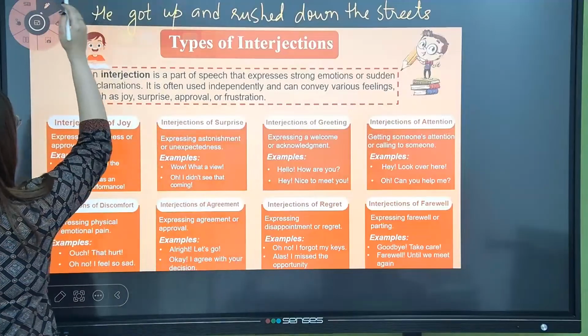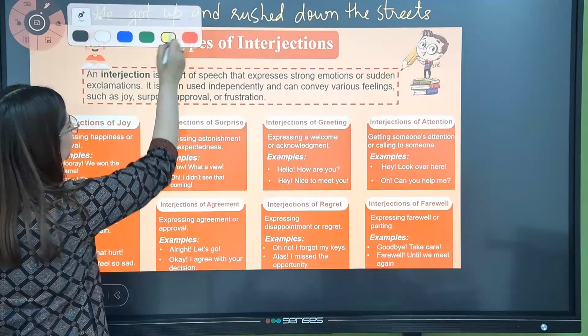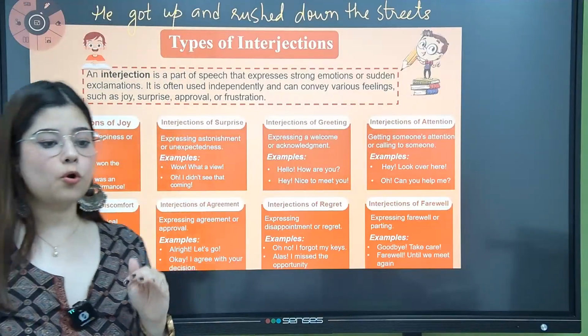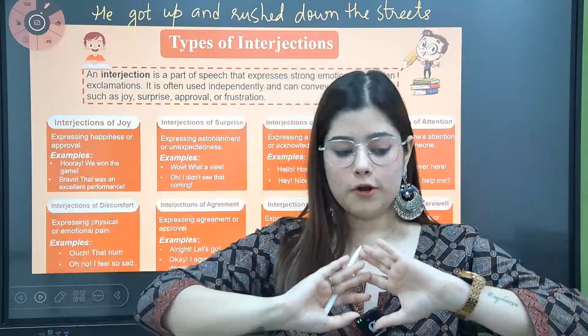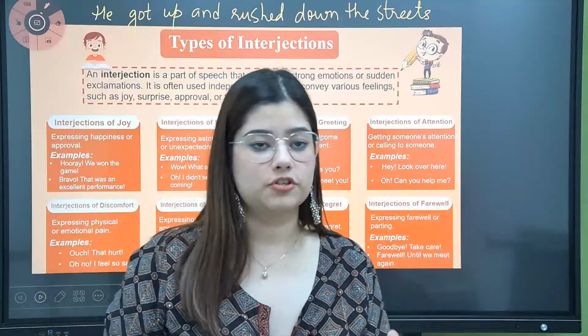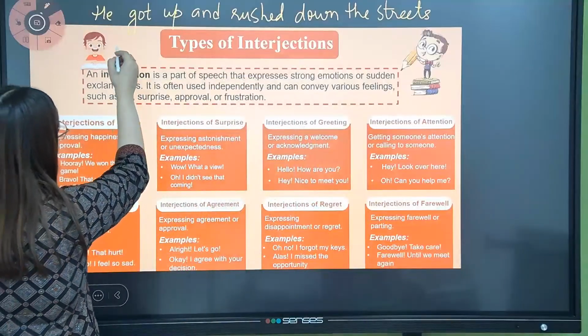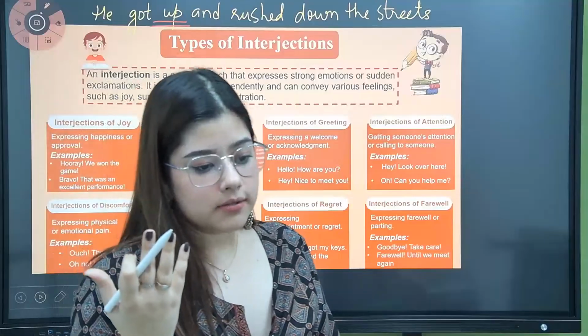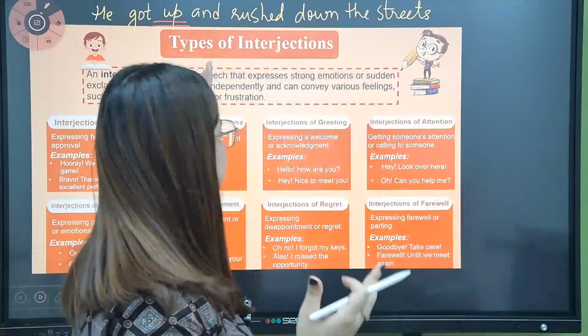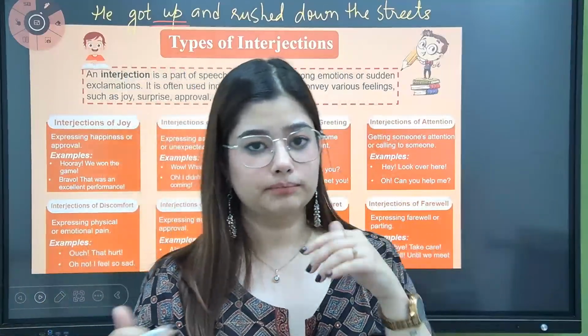Okay. Please remember that I told you that a preposition would always take up an object. Otherwise, we will not classify it as a preposition. In the sentence, he got up. At first glance, one would feel that up is a preposition, right?